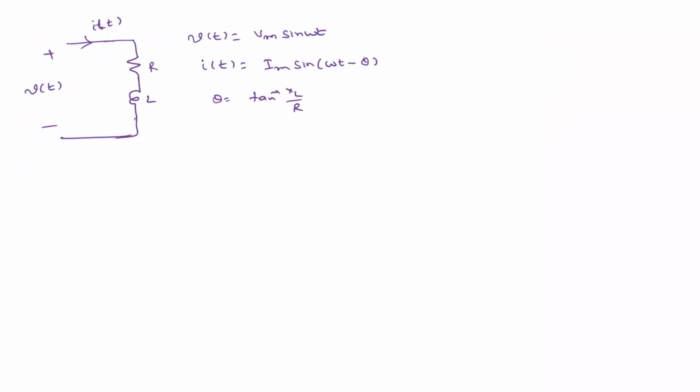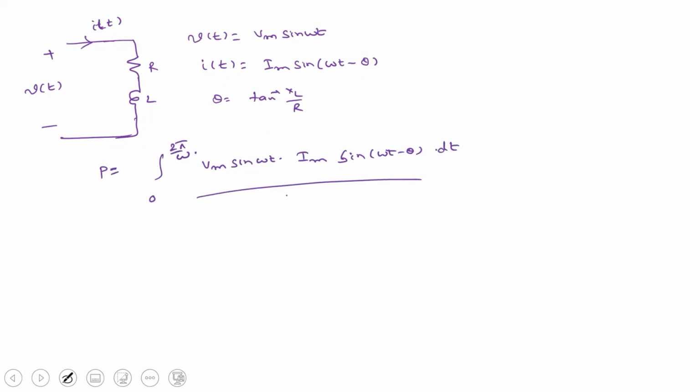P is the integration from 0 to 2 pi by omega of Vm sine omega t into Im sine omega t minus theta dt, the entire thing divided by 2 pi by omega.